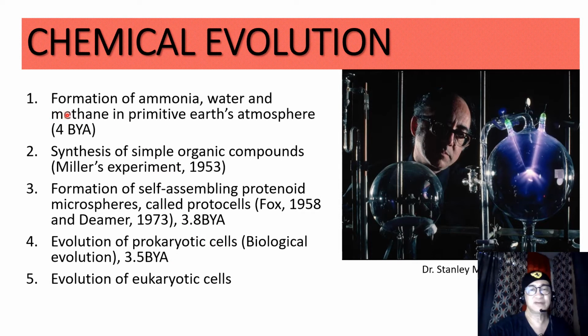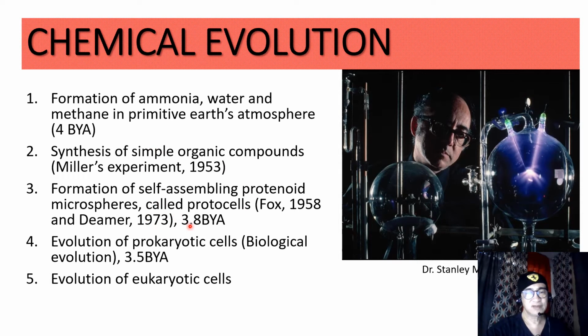The Earth is believed to have formed between 4.5 to 5 billion years ago, and the formation of self-assembling protocells is believed to have happened about 3.8 billion years ago. So that's a long time for the formation of these complex molecules.